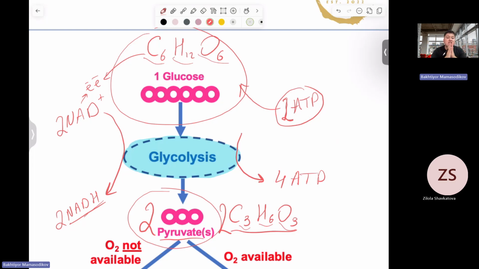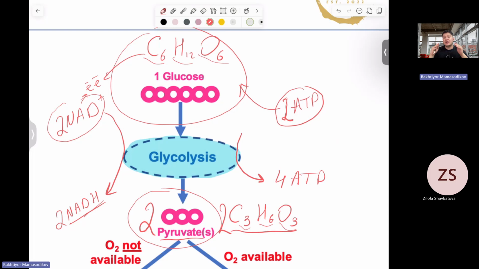I'm just splitting it into 2 parts, but when I split, a lot of electrons are going to be released. That's why 2 molecules of the electron carrier, oxidized NAD plus, enter this reaction, and after the reaction they are reduced to 2 molecules of NADH.